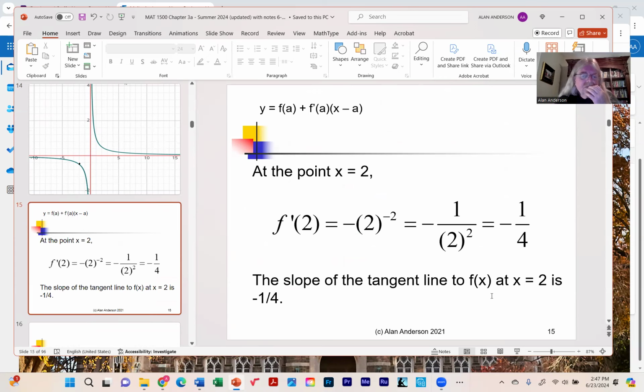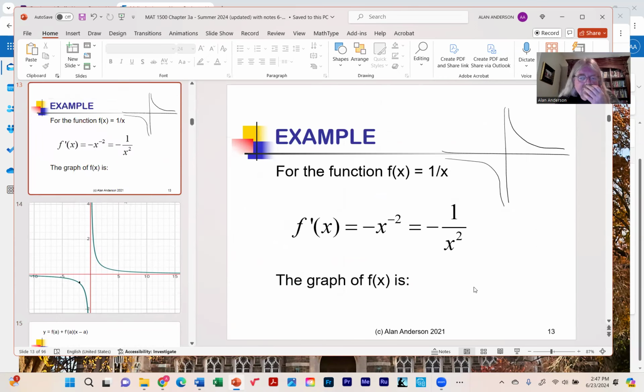So, of course, if you recall from the power rule, if the original function was 1 over x, by the way, let's not forget that this is the same thing as x to the minus 1. And now that means that for the power rule, k is 1 and n is negative 1.